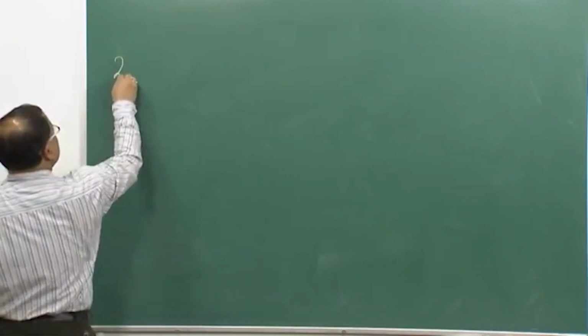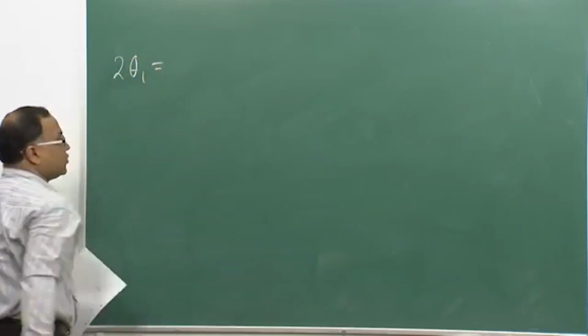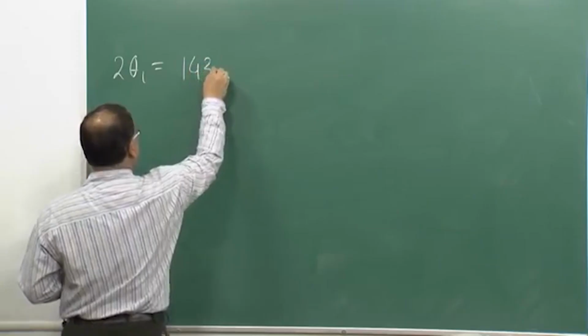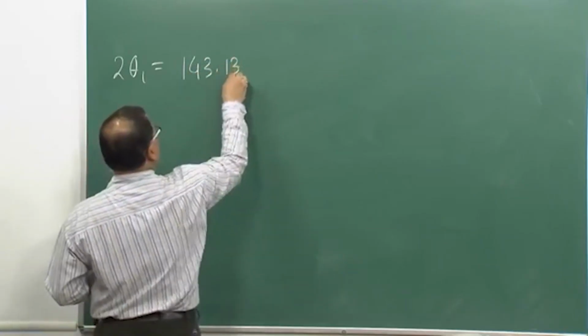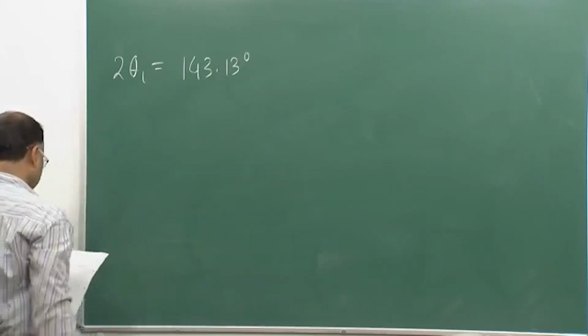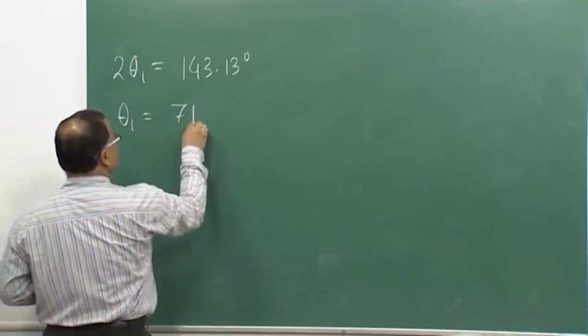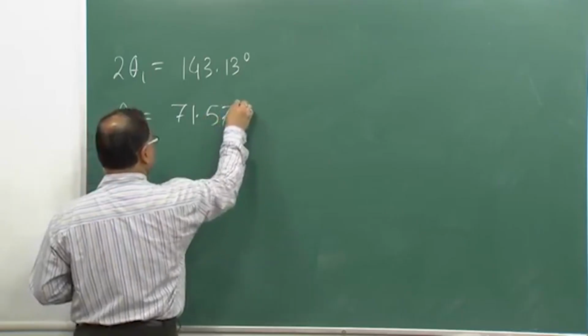So, when we find the principal strains, twice theta 1 value we already know, 143.13 degree. So, therefore, theta 1 is nothing but 71.57 degree.